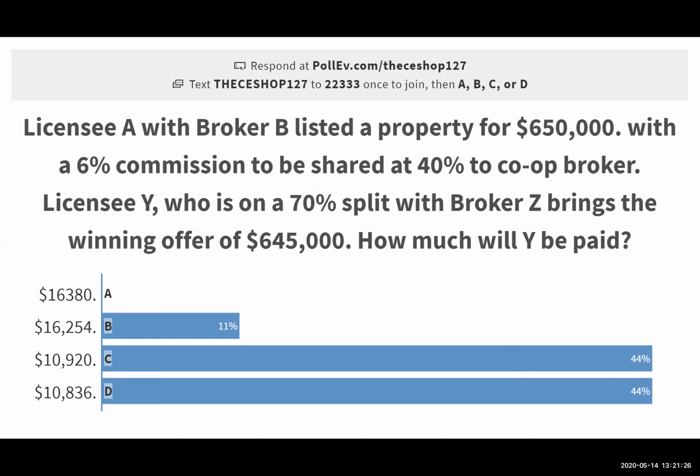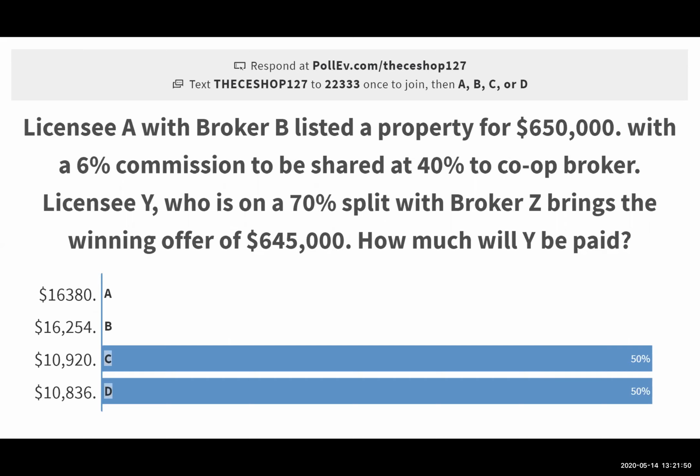Okay, we've got a few people that want the big money, and we've got people in two different directions, and somebody decided they didn't want the big money. The main thing on this one, you can get to all four of those answers regardless of how you do it, because licensee Y with broker Z, they're the 40% cooperating broker.